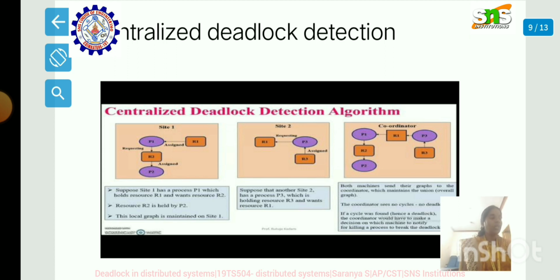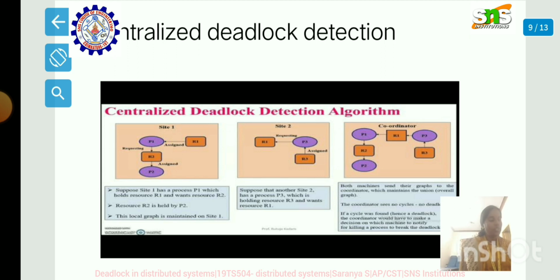Each scheduler prepares the local wait-for graph and sends it to the DDC process. The DDC receives the local wait-for graph from all sites and unites them into the DWFG to check if there is a cycle in it.